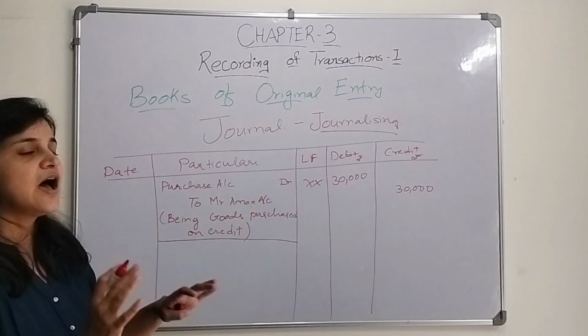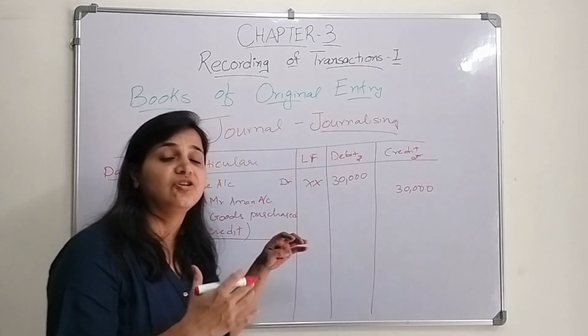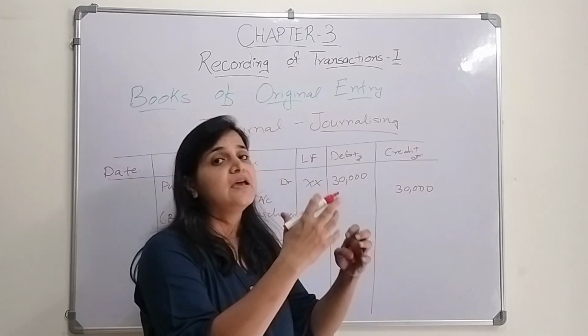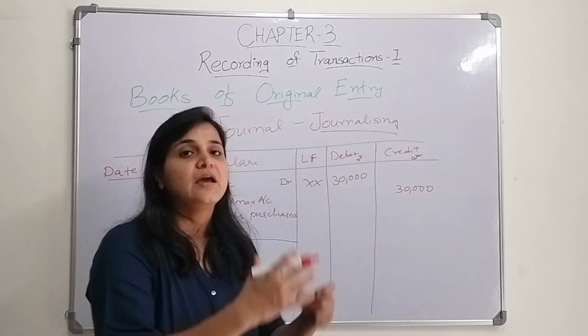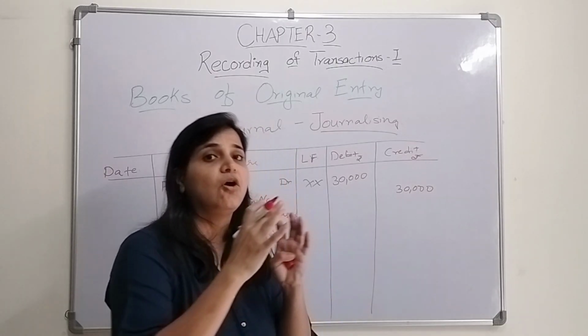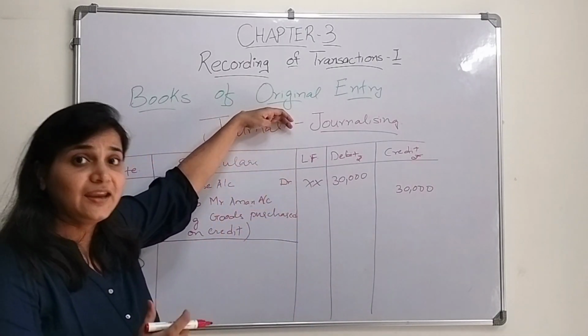So this is how we pass the journal entries. These are the journal entries for whichever transactions are happening in the business. If there is a source document, based on the source document, the proof and evidence, we record the transactions in our books of original entry.